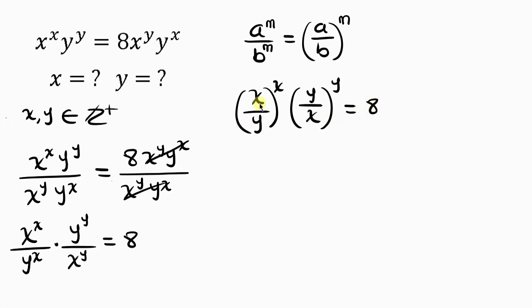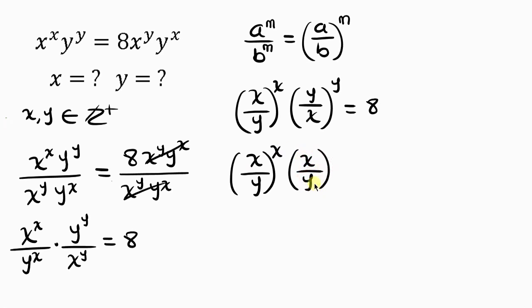Now notice that this is x over y, but this is y over x. Well, we can actually write this like this by flipping their positions. So let's do that. So we have x over y all raised to the x, times, now we'll write this the same way, x over y by flipping the positions.